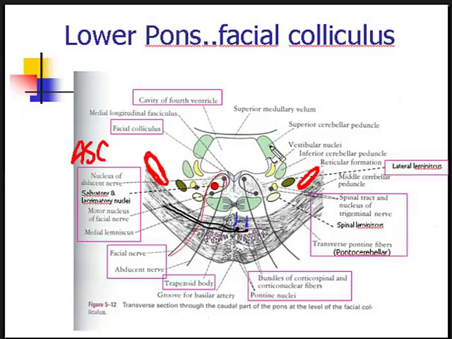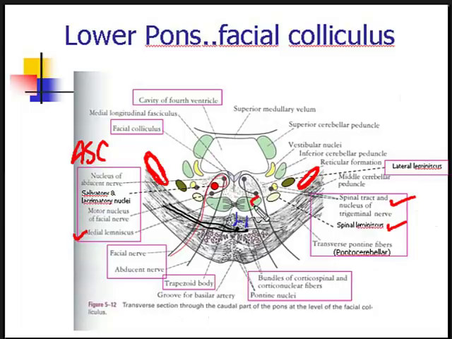Then what you see here, the spinal tract of the trigeminal, that remains. We will see the spinal lemniscus and the medial lemniscus. The medial lemniscus is more medially placed, and the spinal lemniscus is a little lateral to it, which is this one. So this is where the medial lemniscus will be.